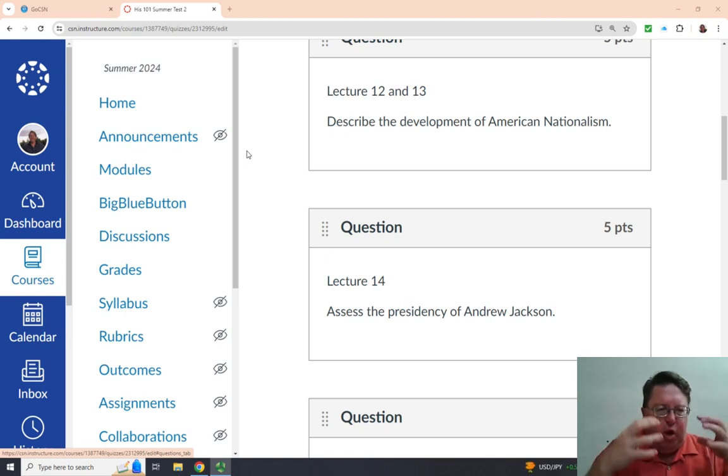So put in your calculus, what is your calculus of a good or bad president? The presidency of Andrew Jackson. We went over his economic policies. His economic policies, while popular at the time, that's the first populist, led to an economic downturn, which, interestingly enough, historians generally don't blame him for.